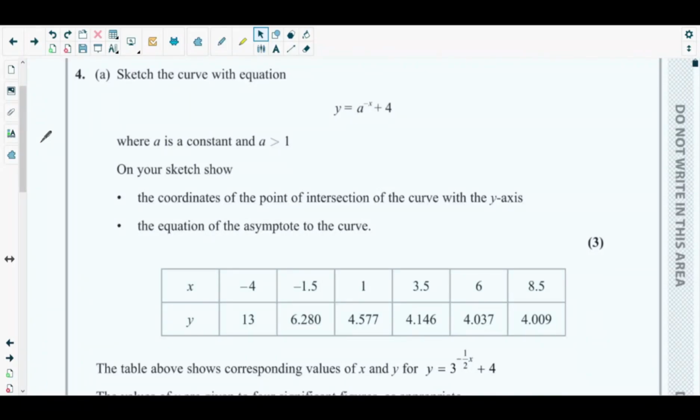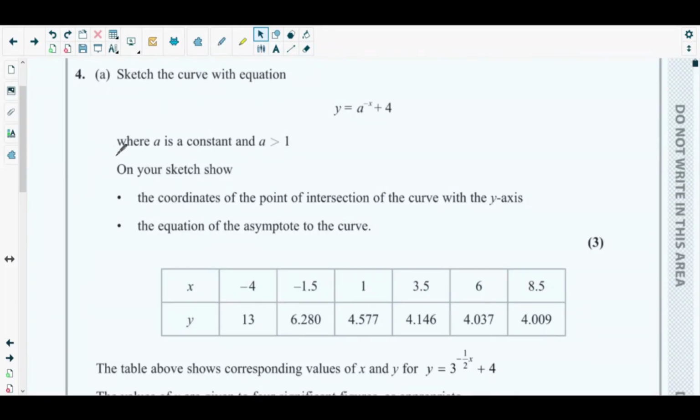In the later parts B and C, we will be dealing with integration by the trapezium rule, which is discussed in the last chapter of your P2 textbook, chapter number 8, integration.